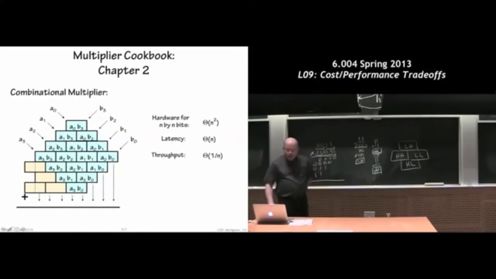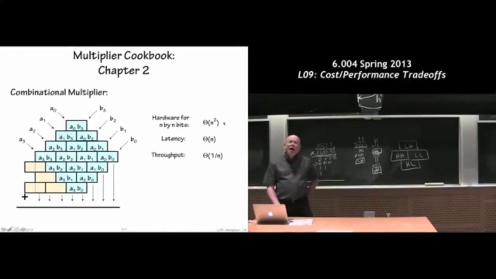If we're going to use this hardware structure, it still takes about n squared pieces of hardware. The hardware cost is about n squared because I have n squared building blocks, n squared of each of these little guys.